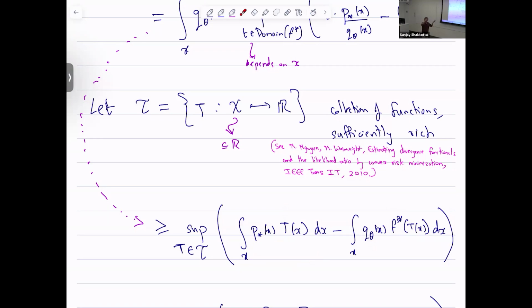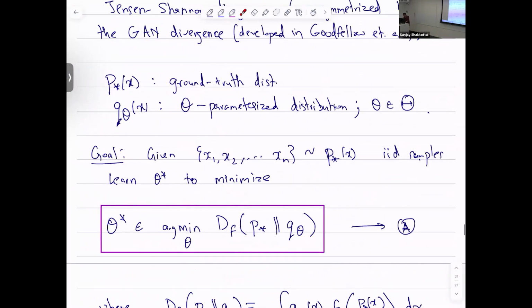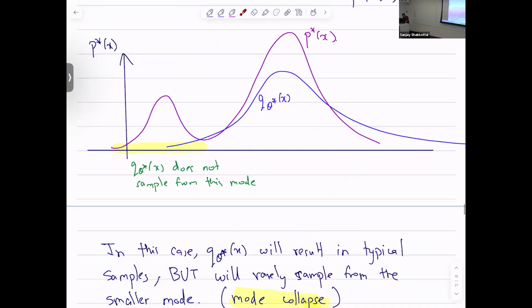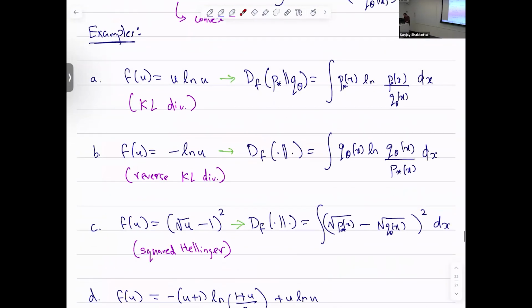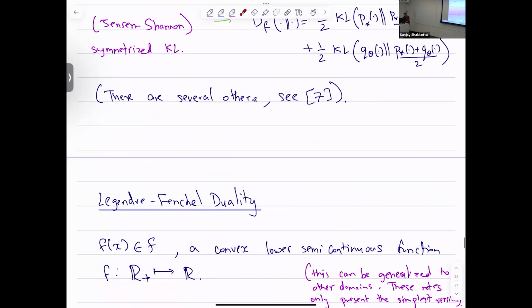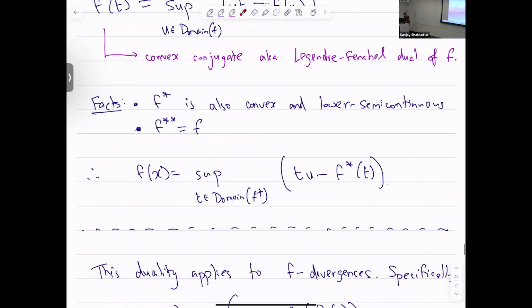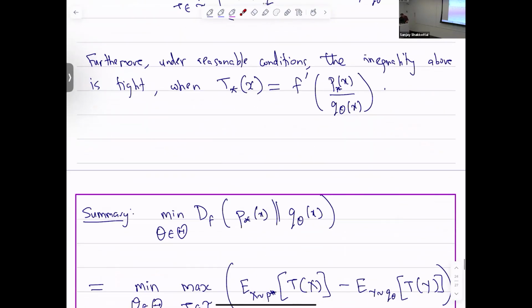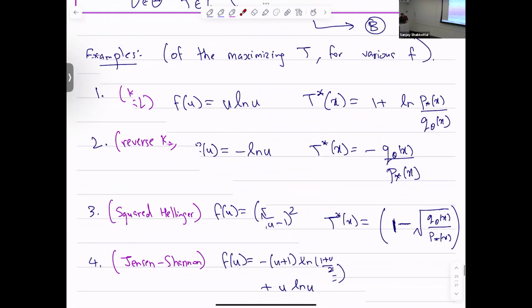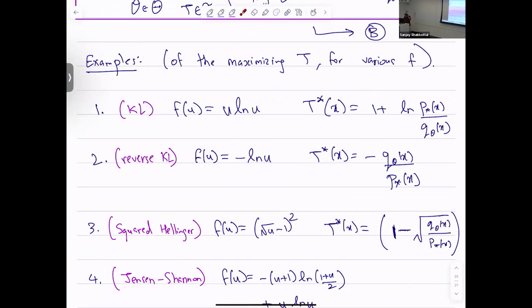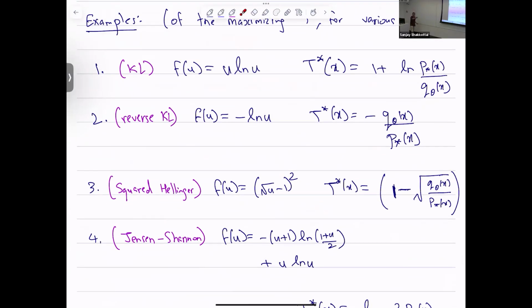So if you wanted to do standard reverse KL, what is F star? I gave you the F's here. What is the F star associated with it? You can write it out as well. There's a table somewhere. I didn't write the F stars. But these are the F's. You can get the F star and you can get the T star. There's a table.